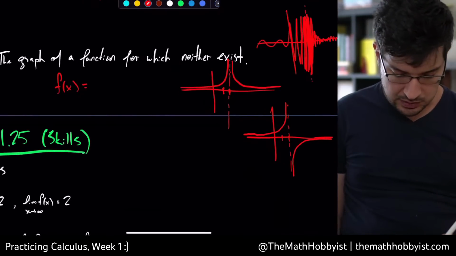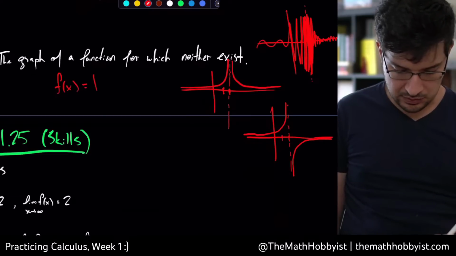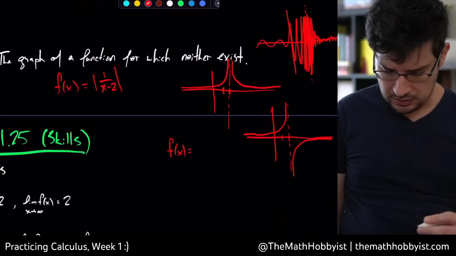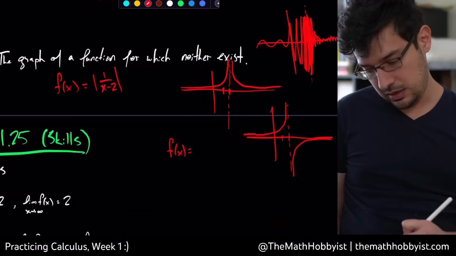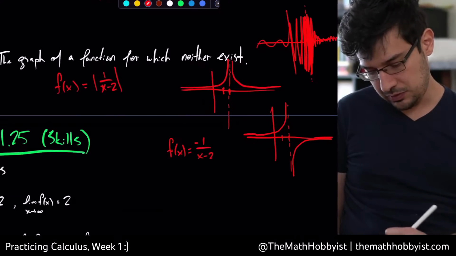It looks like it's going to be, for this first one, the absolute value of 1 over x minus 2, I think. For this one, f of x, it looks like I drew negative 1 over x minus 2, I think.